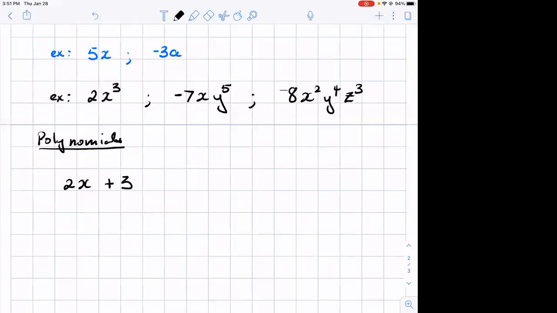So here, this is a term, and here we have another term. And that's why we say it's the sum.